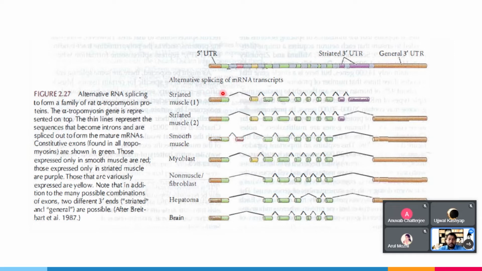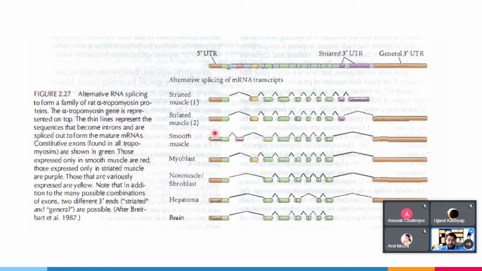What alternative splicing does is make sure that particular exons are incorporated, or particular parts of the introns may also be incorporated, depending on the type of splicing the mRNA is undergoing, and this can in turn produce a variety of proteins. As we can see in the example of alpha tropomyosin, alternate RNA splicing forms a family of alpha tropomyosin proteins.